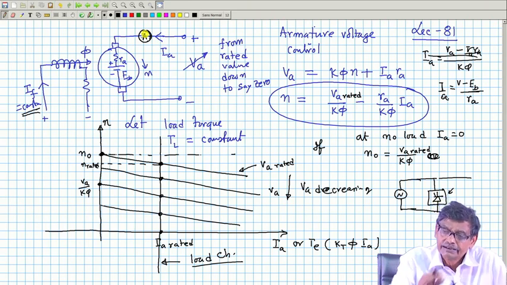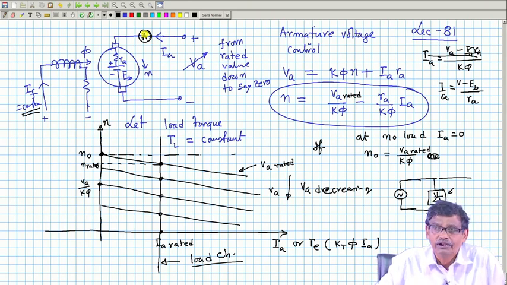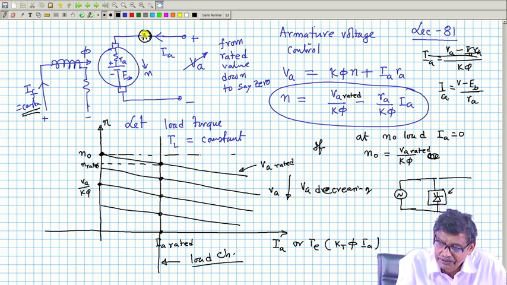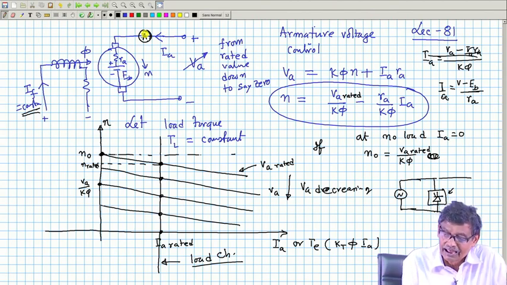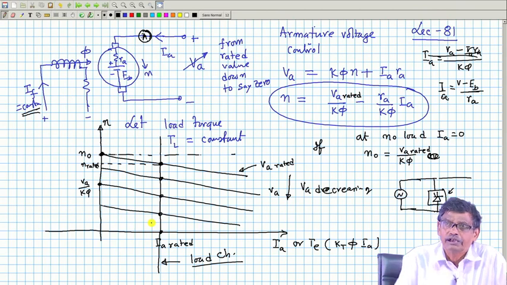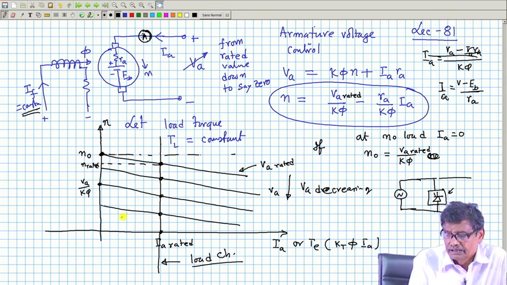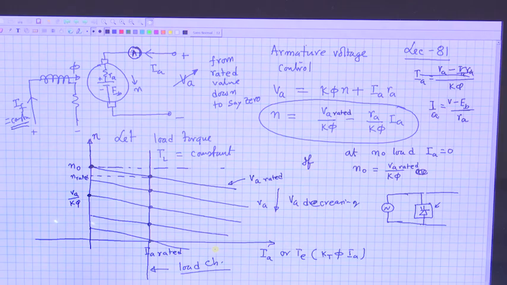So, rated current, machine is fully loaded, but still you are supplying a constant load torque at various RPM down to 0 speed even, you can select a characteristics like that. Therefore, armature voltage control method is very efficient method and smooth variation of speed you can get.